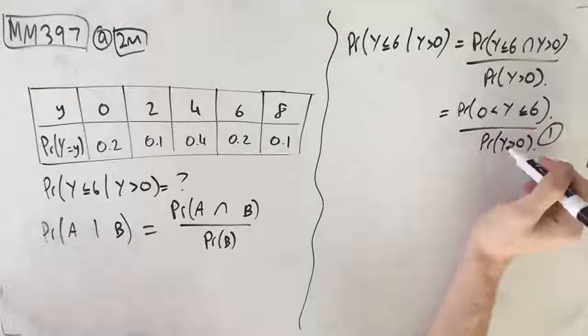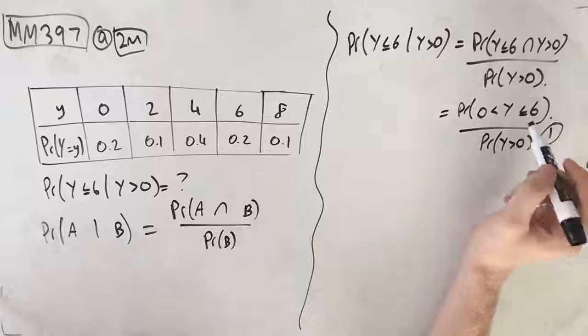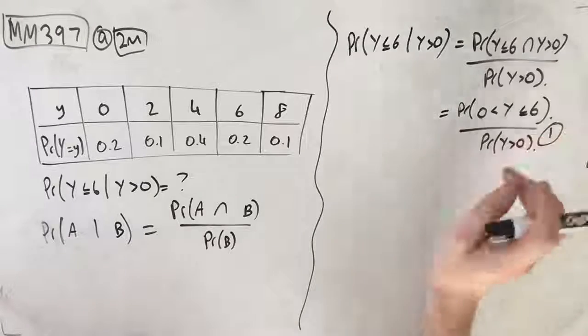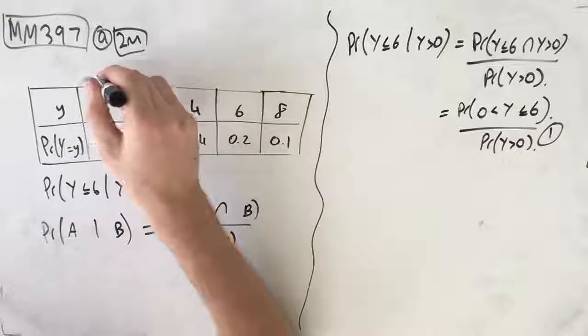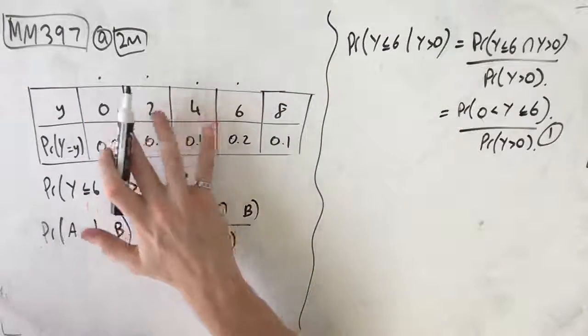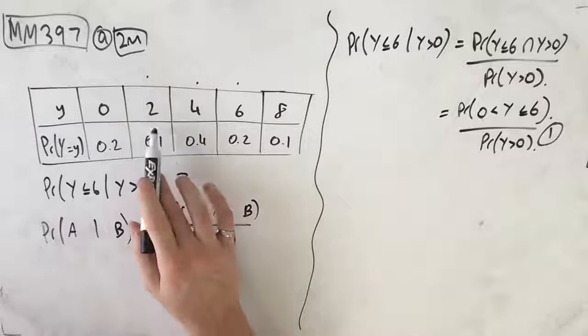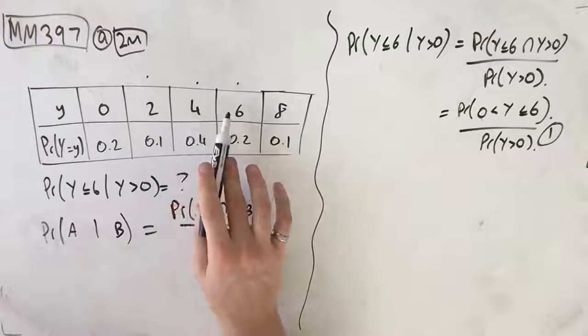And now we need to figure out the probabilities of each of these two different things. So we need to figure out the probability that y is between 0 and 6, not including 0. So here we've got 0, and between 0 and 6 are these four here, but we're not including 0, so we can't include that one, which means we have the probability of 2 plus the probability of 4 plus the probability of 6.